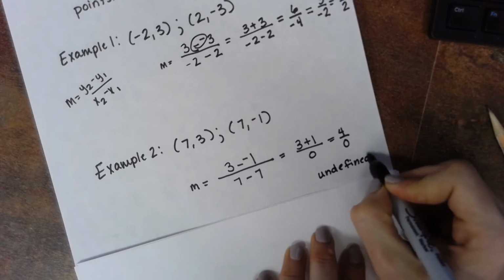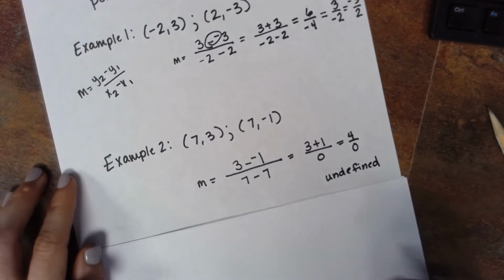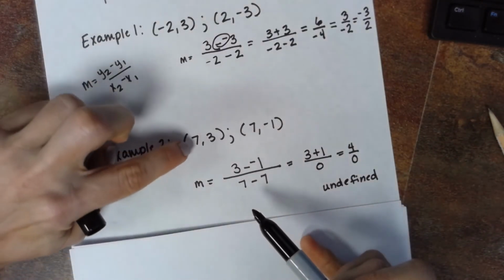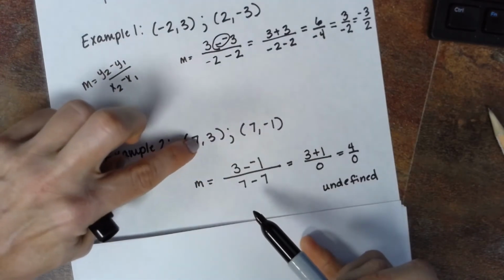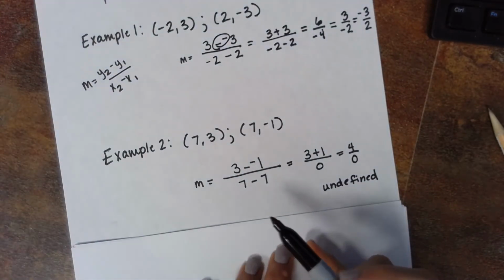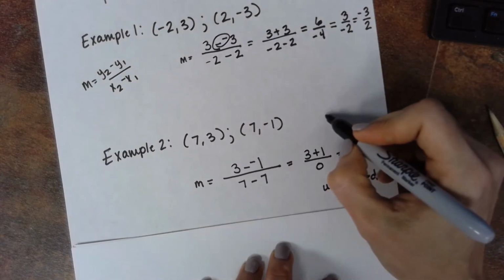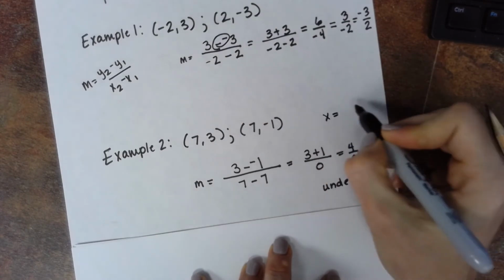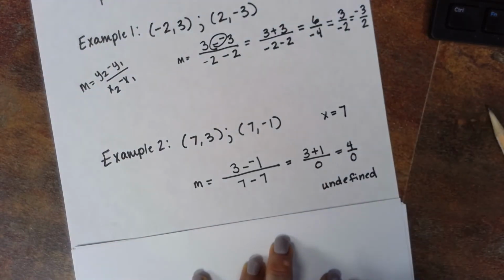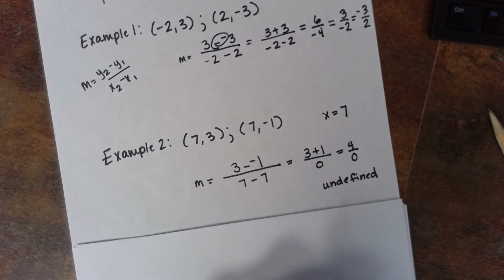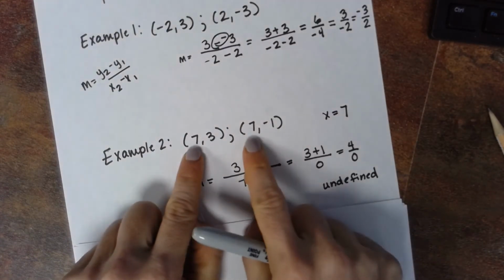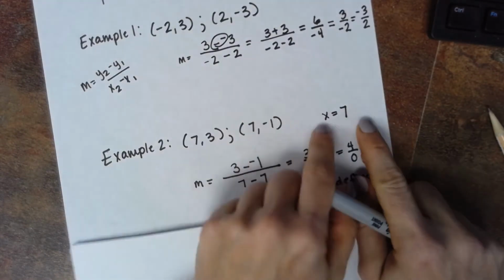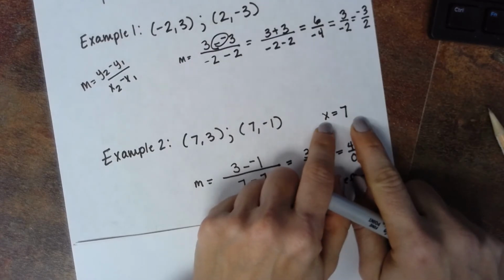But there's a kind of cool connection that you can make here. If you notice that in this example, both of my x values are the same, I know right away that my equation for these 2 points is going to be x equals 7, because the only time your x values are going to be the same is when you have an equation of this type where all the x values are 7.